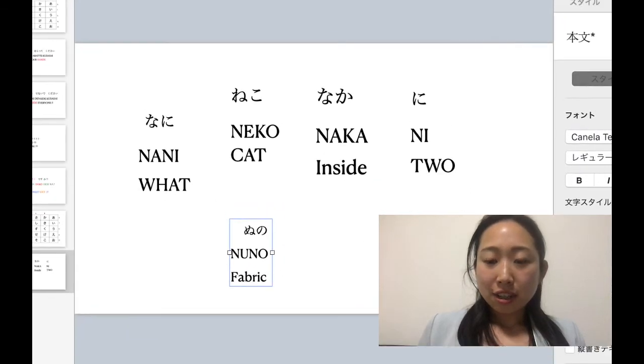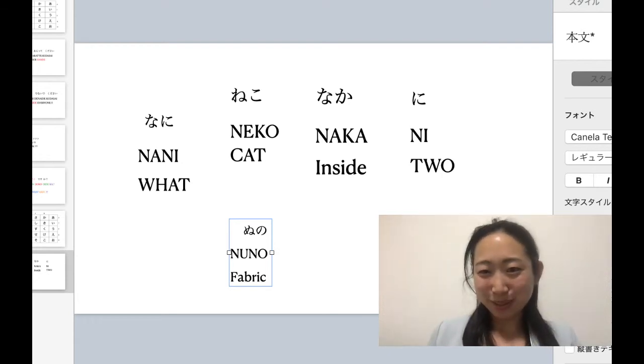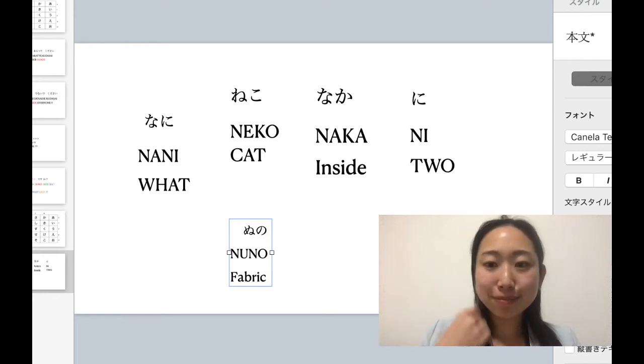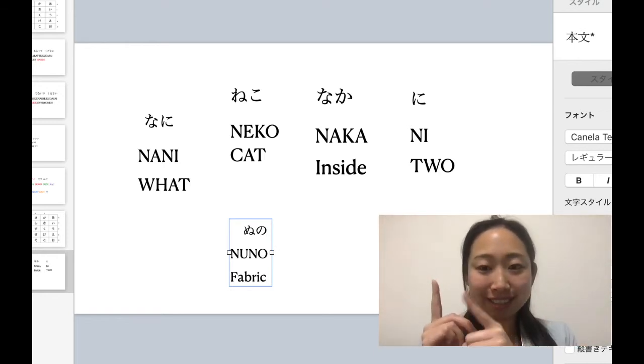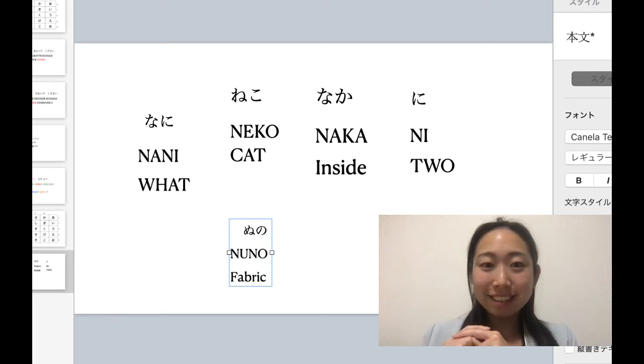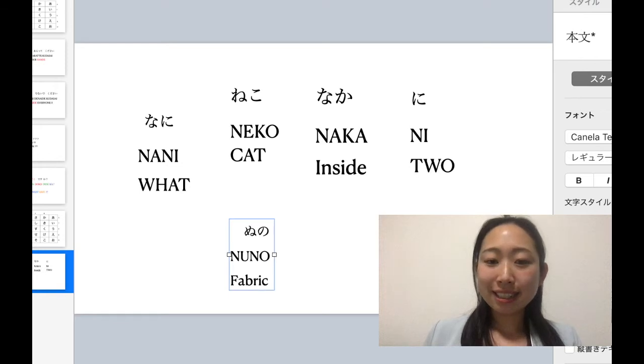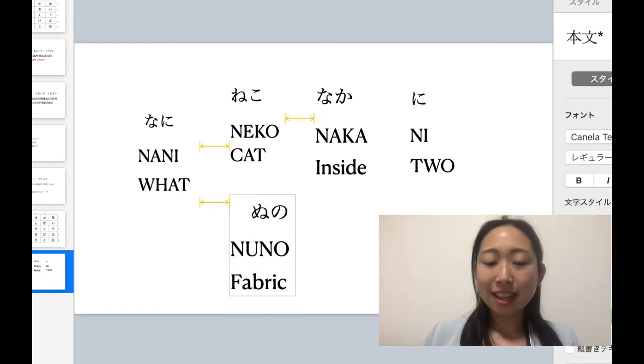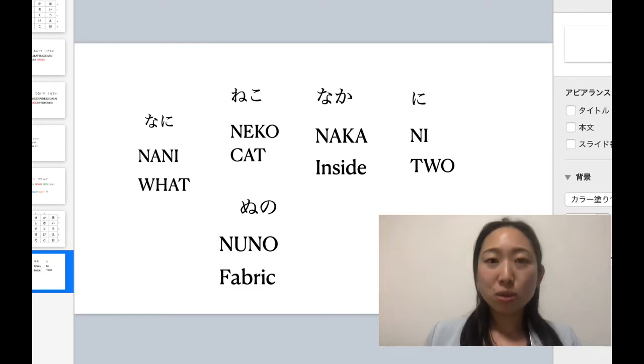Do you see it right now? I was maybe blocking it too. So let's pronounce it together. Nani, nani, neko, neko, naka, naka, ni, ni, and nuno, nuno. Okay, you got it?